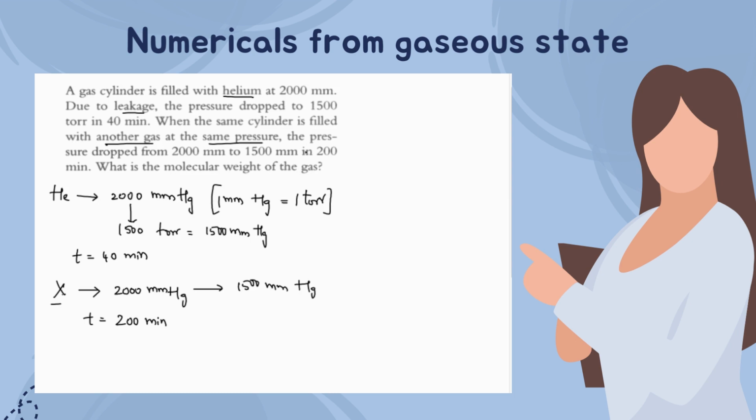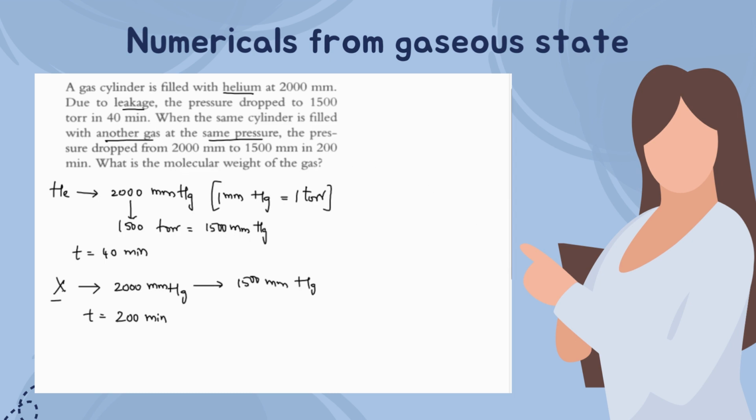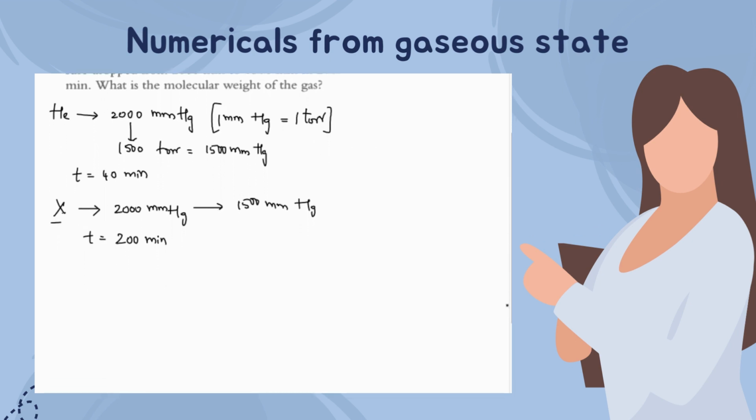The process involved here in the question is diffusion. Rate of diffusion is represented as R, which is the distance traveled by a gas in a given amount of time. This is the basic definition or formula of rate of diffusion. Rate of diffusion is inversely proportional to time, because rate is the value and t is in the denominator.